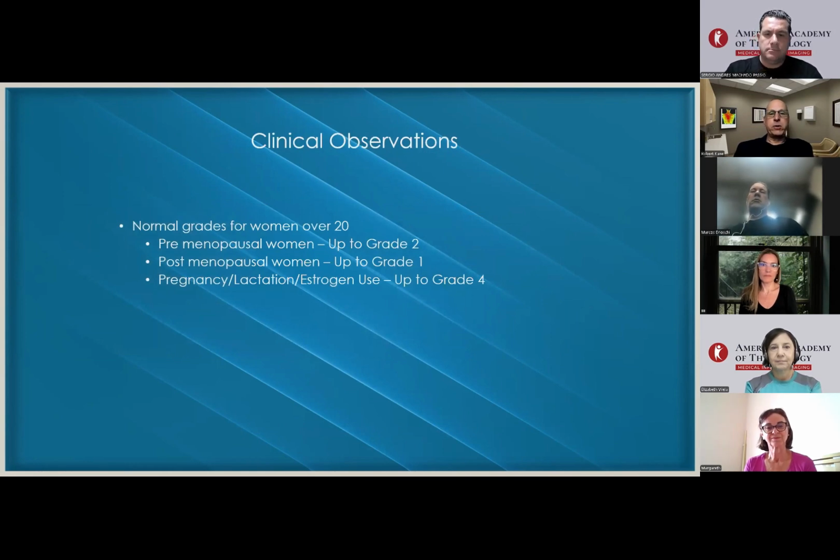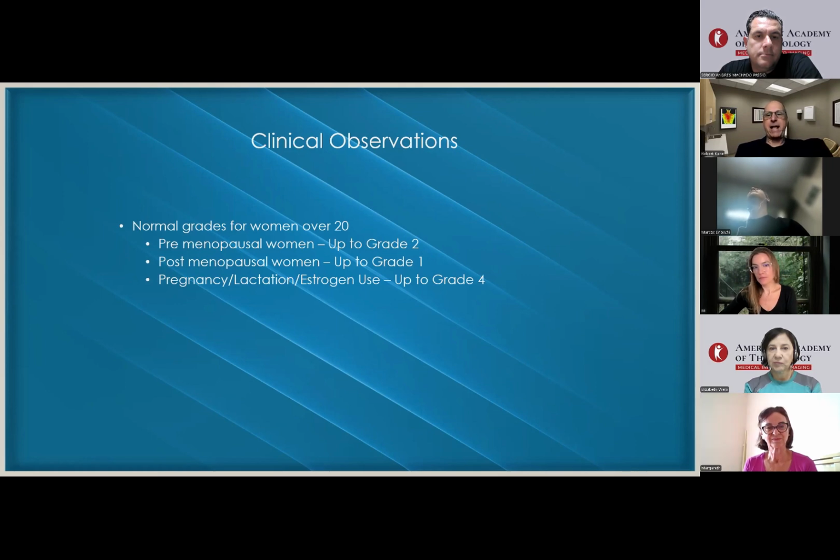Now, clinically observing this over the years, what I've noticed is that for women over 20, premenopausal, they seem to be in grade 2. There's enough circulating estrogen going on that they seem to have a little bit of symmetrical vascular patterning going on in those upper surfaces. And that's fairly typical. I use the age of 20 because I have noticed in the few women that I've imaged that are under 20 that we tend to get higher grades because they are in puberty.